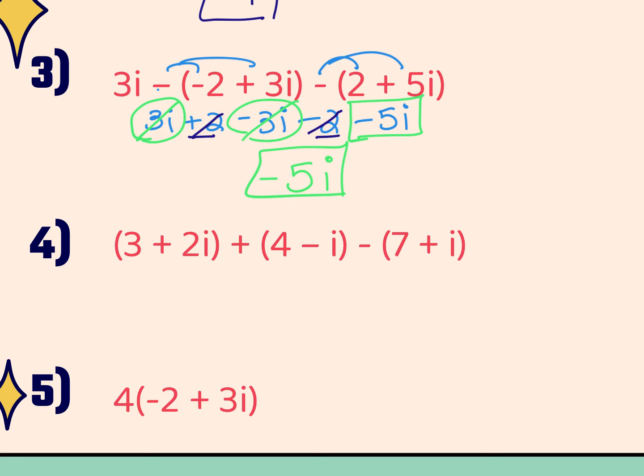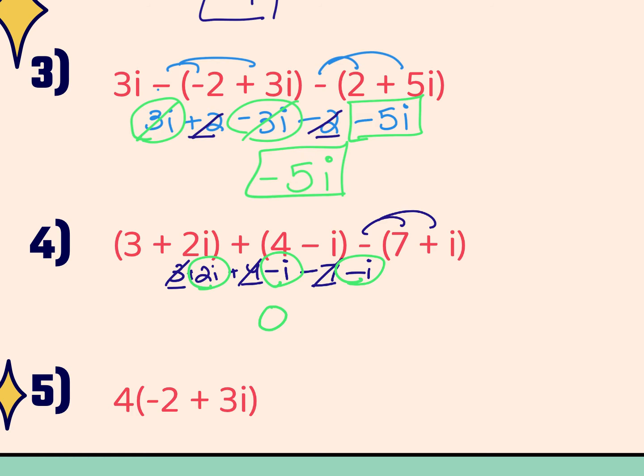Number 4 has addition and subtraction. So with the addition, I'm going to take off the parentheses. The subtraction is going to get distributed. And then I'm going to go through and combine all my real numbers. 3 plus 4 is 7, minus 7 cancels out. And positive 2i minus i would be positive 1i minus another i.